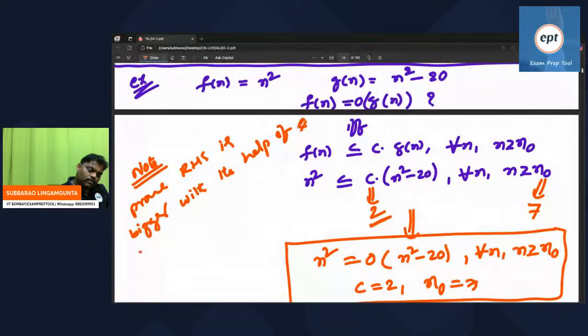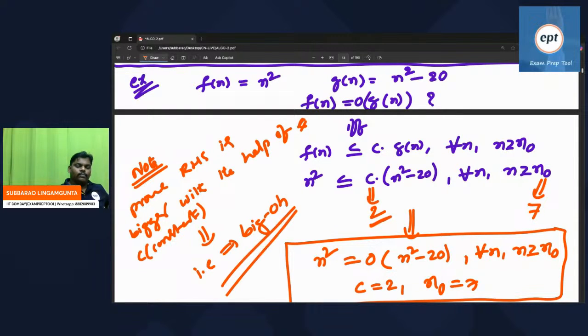That is called big O. That is the meaning of big O: prove the right hand side is bigger with the help of C, which is the constant. That is called big O.